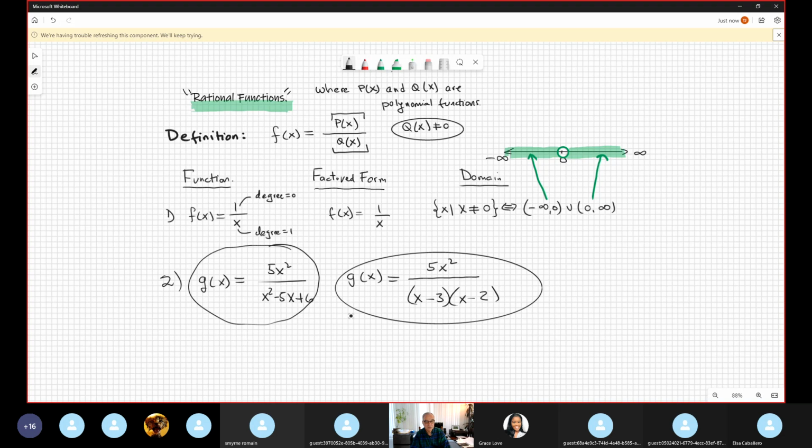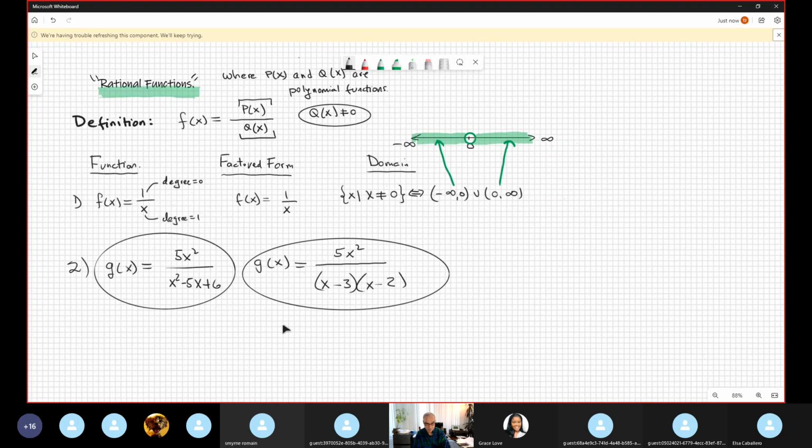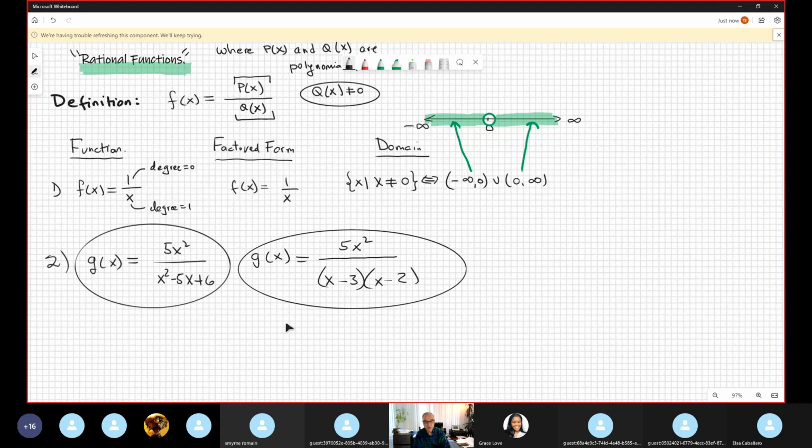No? And the domain, well, is when the division, when the denominator is 0. Remember this idea? Okay, I take advantage. This is when x minus 3 is 0, and when x minus 2 is 0. It's obvious.